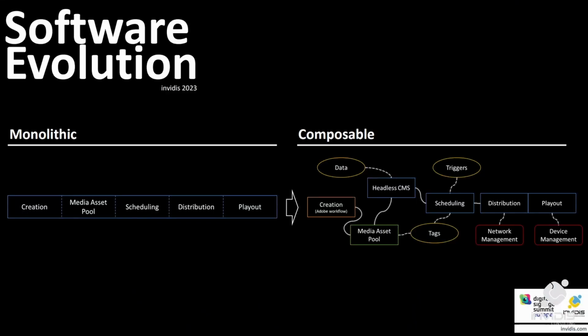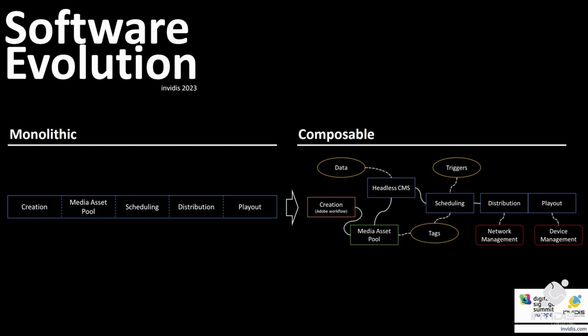And this slide, you can see here, we had this slide also on the last summit. And when we talk about composable or the way from monolithic to composable, what we mean is that in the past everything was in one big monolithic system, everything from content creation, scheduling, playlists and all that stuff, and also device management.